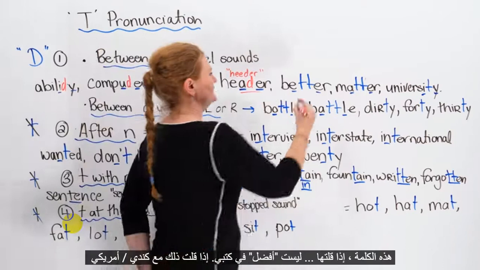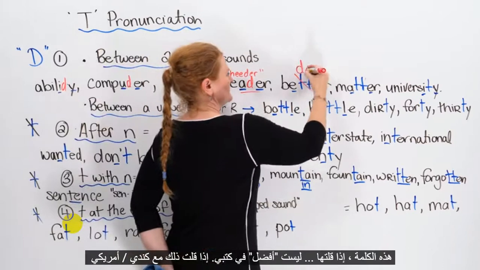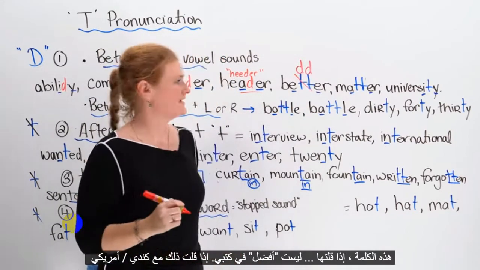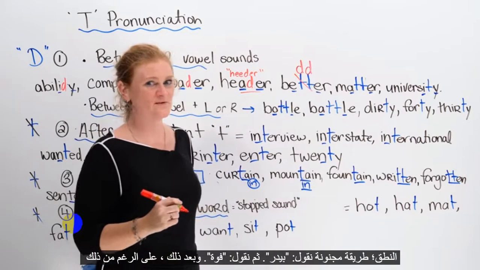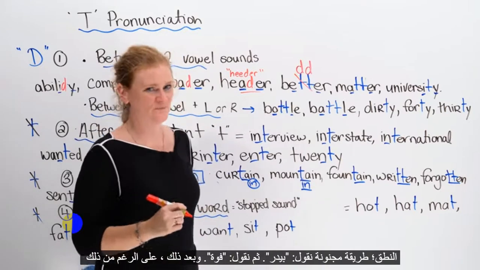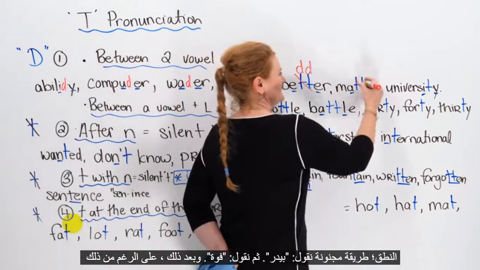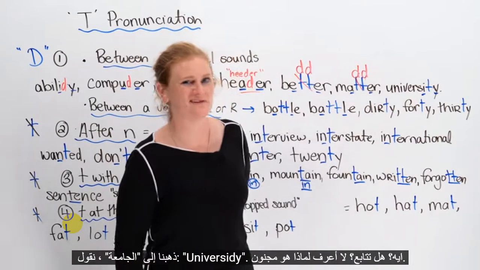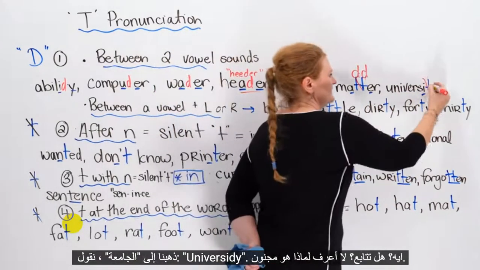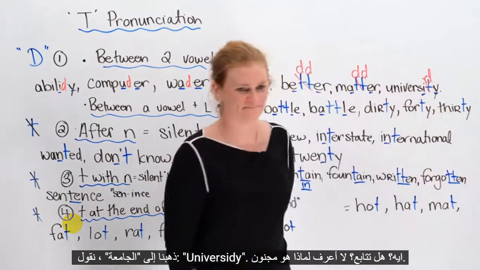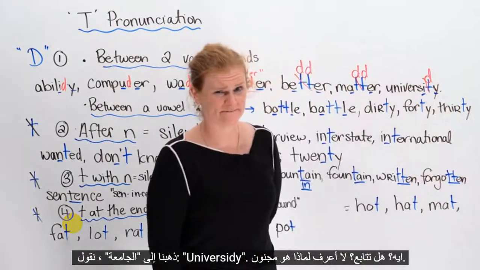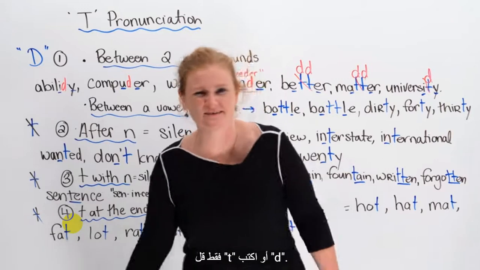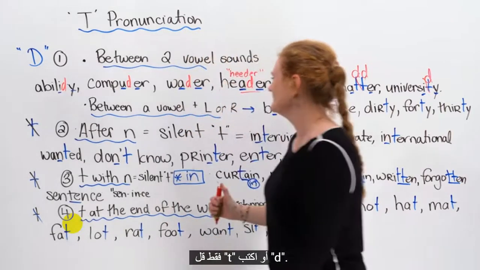This word, if you say it with a Canadian or American pronunciation, crazy way, we say better. Then we say matter. And then, even though we went to university, we say university. Are you following? I don't know why it's crazy. Just say the T or write the D.